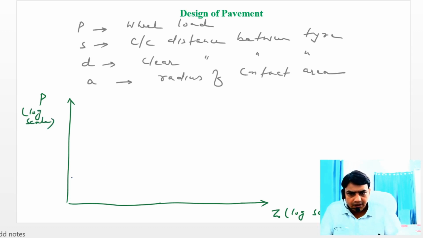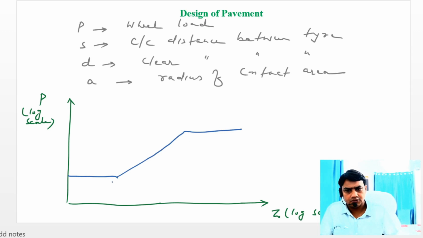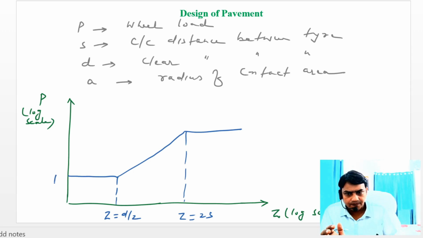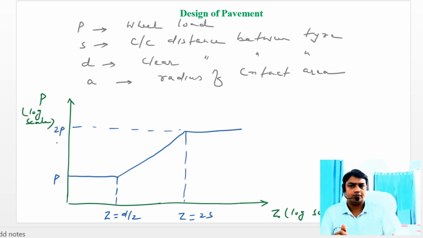So the graph will look like this. This is called Z is equal to D by 2. This is called Z is equal to 2S. So when Z is less than equal to D by 2, the equivalent single wheel load is P, and if Z is greater than equal to 2S, then it is 2P.